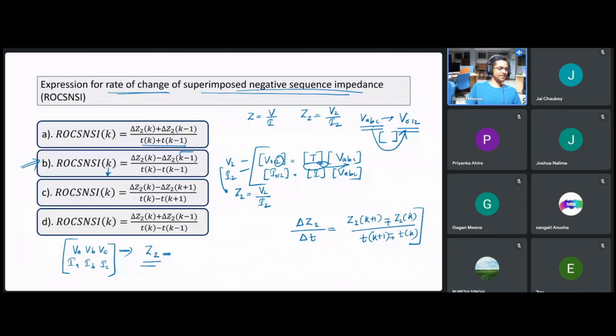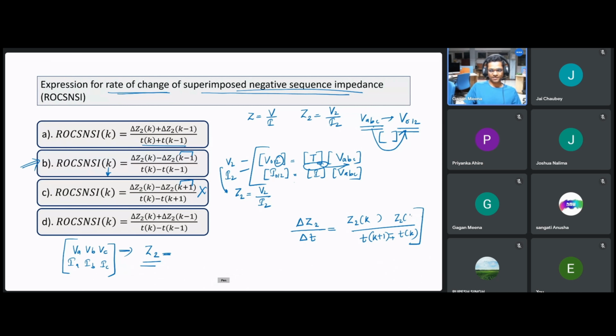For the kth sample, we have the k minus 1 sample. We don't have the k plus 1 sample. So we don't know this. Since we have the k minus 1 sample, what we can do?